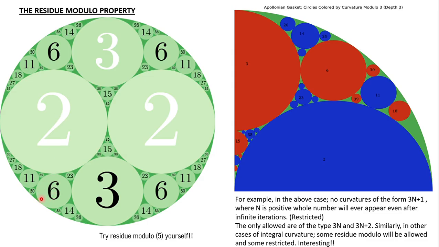Divide by 5, and you will get all the residues, 0, 1, 2, 3, 4.